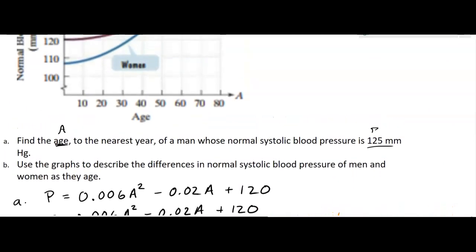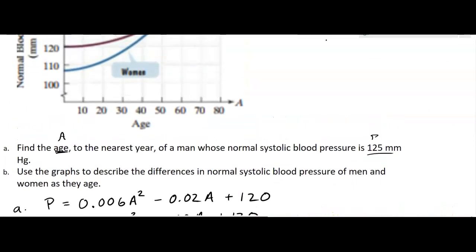Now, part B says, use the graph to describe the differences in normal systolic blood pressure of men and women as they age. Well, it looks like right here they're crossing. So the women had lower blood pressure, but then they started having higher blood pressure after about age 50. The men had higher blood pressure until about 50, and then theirs started to be lower than the women's.